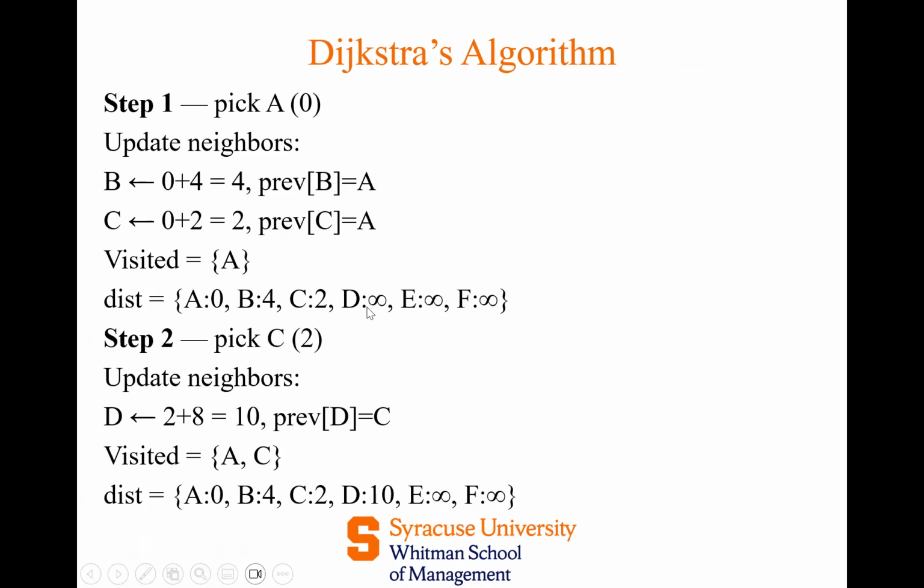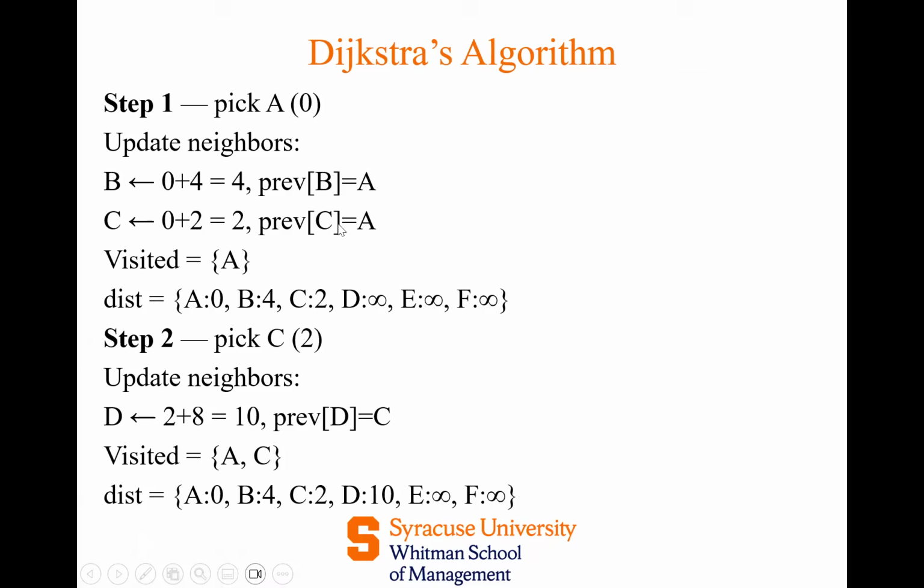You can see D, E, and F are still infinite cost because there is no direct connection from A to those three nodes. We also keep track of the previous node: if we go this way, our previous node is A, so A to B. Same thing for C, A to C.